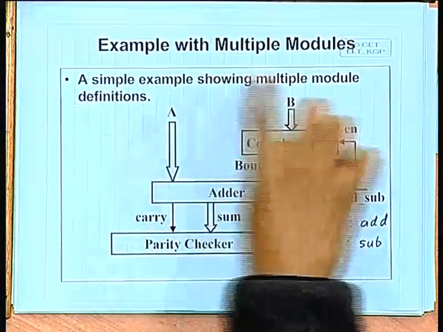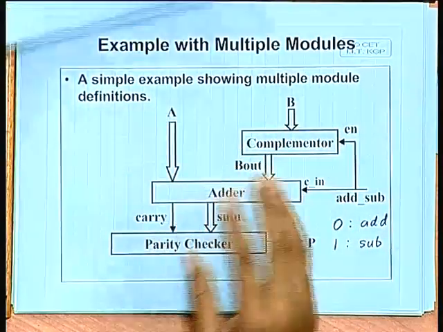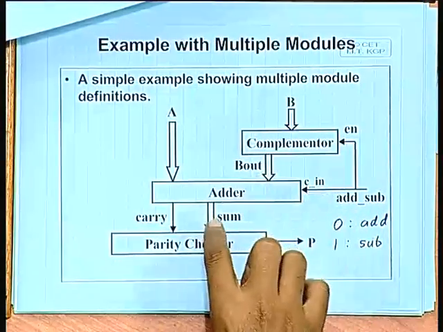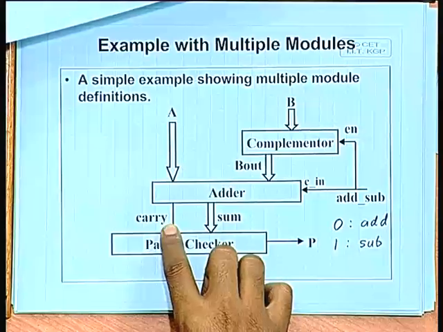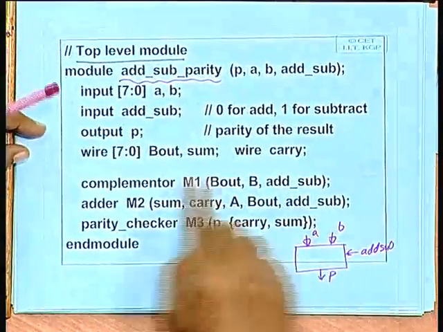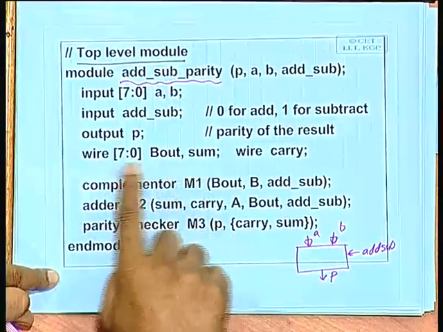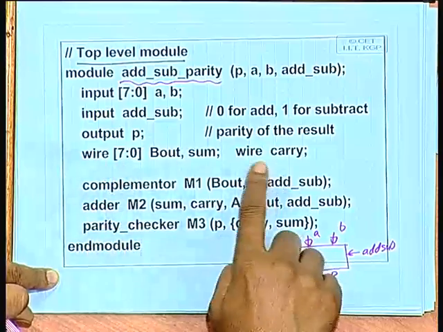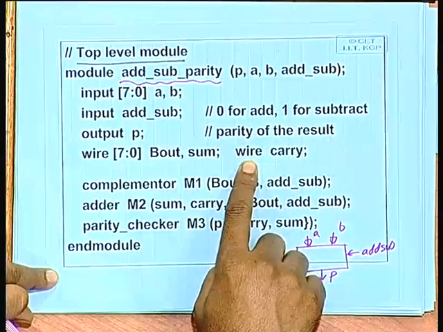These signals are not available to the outside world, but are used internally. B out and sum are 8-bit quantities, carry is 1 bit. So, here we declare B out and sum as 8-bit wires, and carry as a single-bit wire.